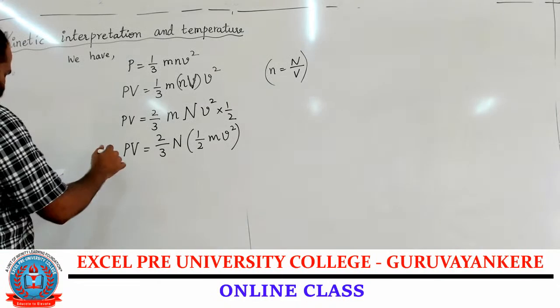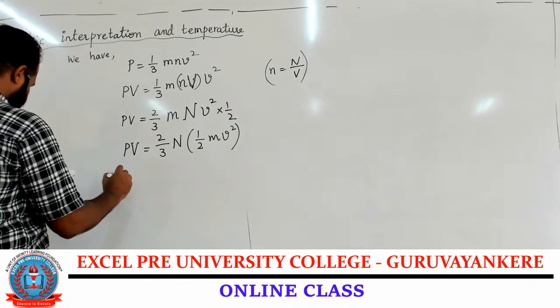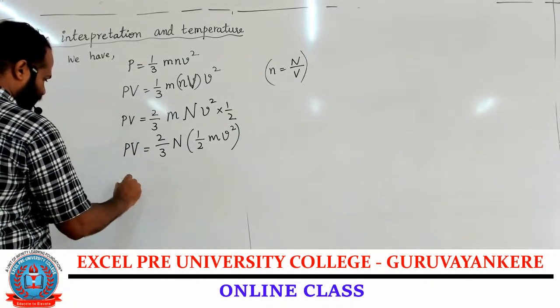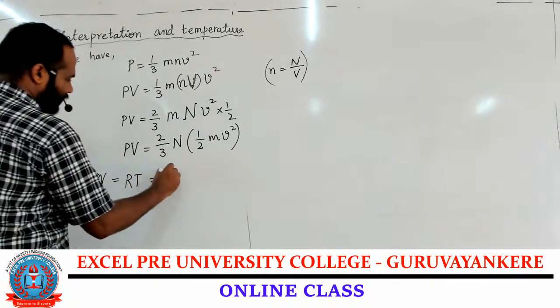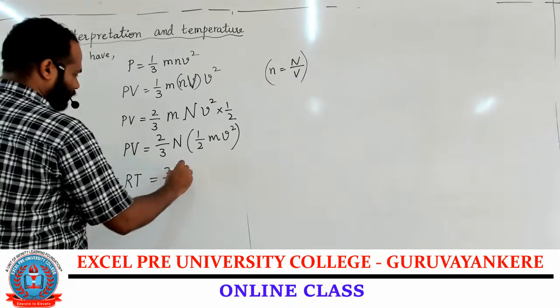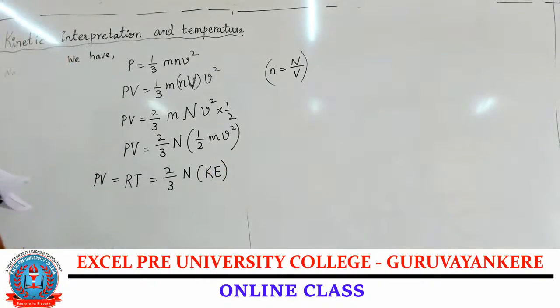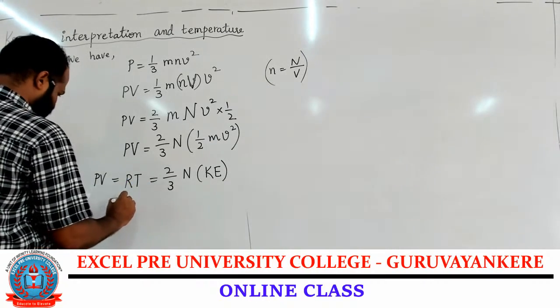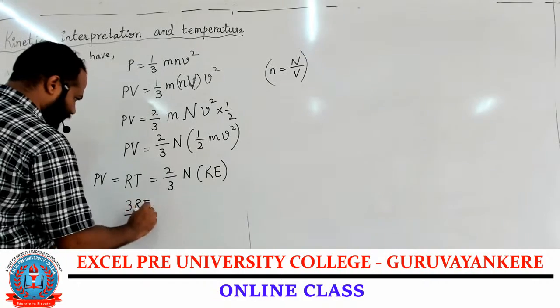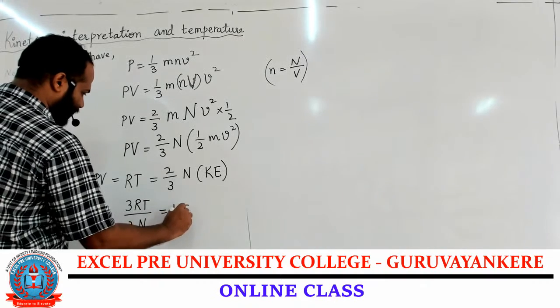So since we know PV is equal to RT, substitute RT here. Since PV is equal to RT, it will be 2 by 3 N, and this is the kinetic energy of the molecules. N, that is total kinetic energy of molecules, or 3RT by 2N is the kinetic energy.